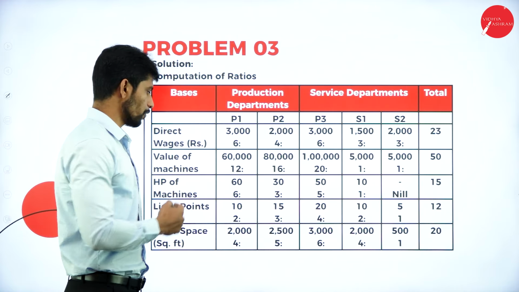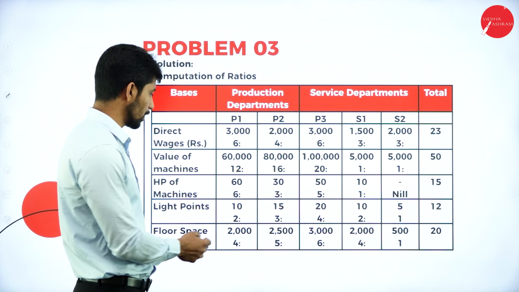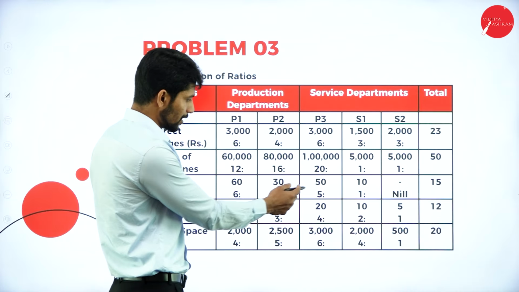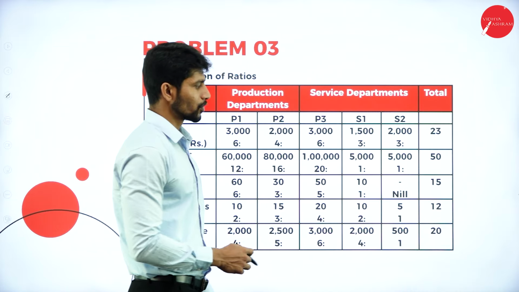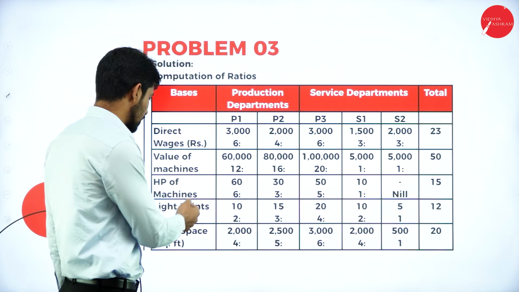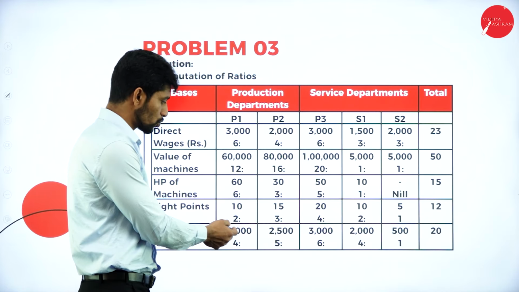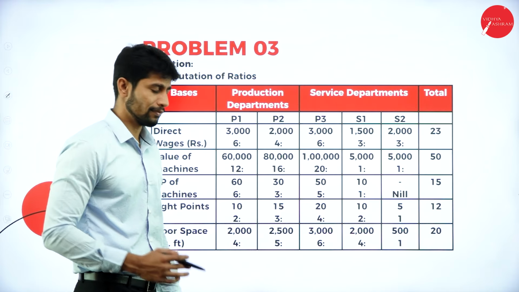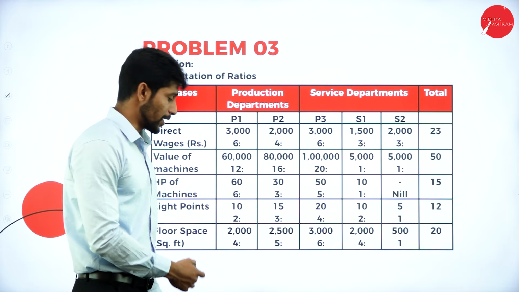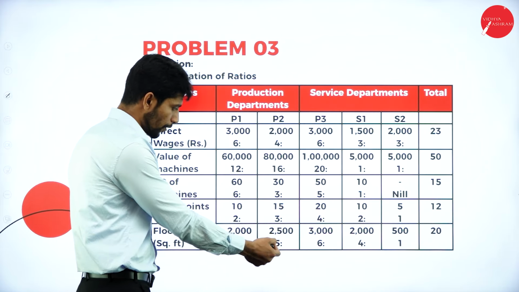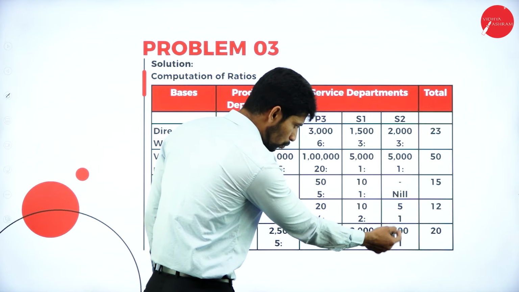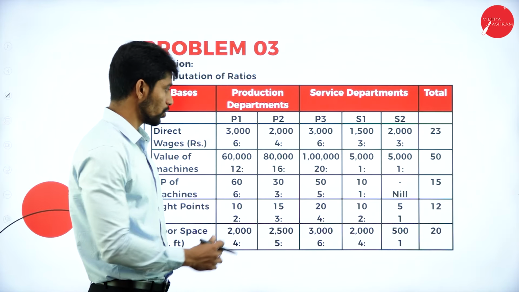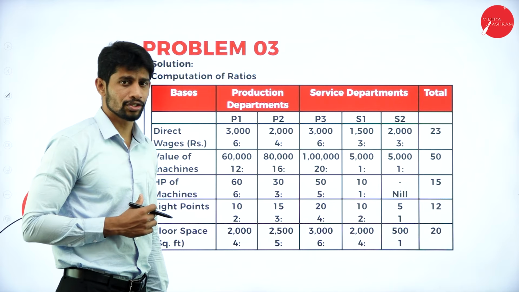Next, HP of machine, the ratio is 6:3:5:1, totally 15. Lighting points, the ratio is 2:3:4:2:1, totally 12. Next is floor space, the ratio is 4:5:6:4:1, totally 20. So now we got the ratios.